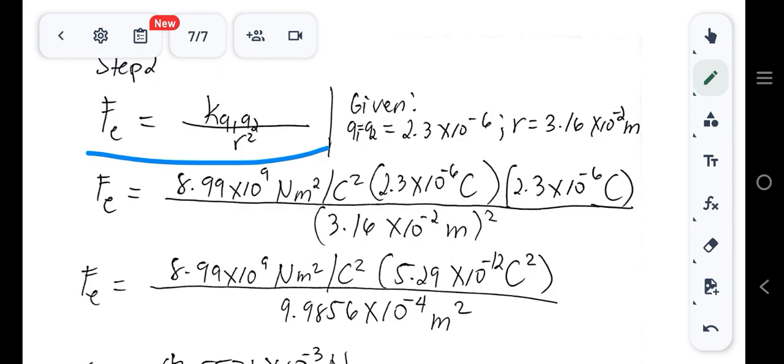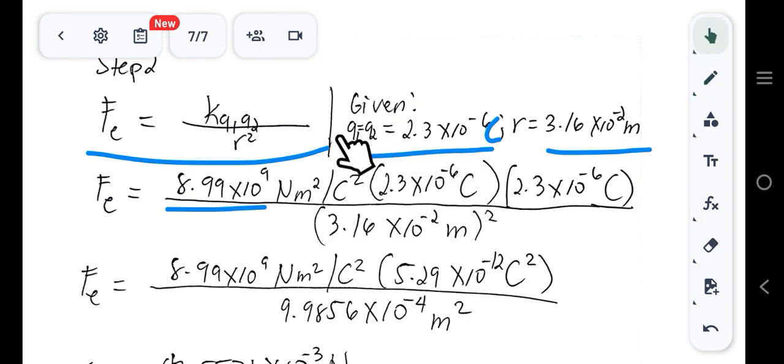We have the charges of the two balls, which is 2.3 times 10 raised to negative 6 Coulomb each. And then the distance from the calculated cosine law, that is 3.16 times 10 raised to negative 2 meters. And then, of course, the value of the k, which is 8.99 times 10 raised to 9 Newton meter squared per Coulomb squared. We only just need to substitute the given values.